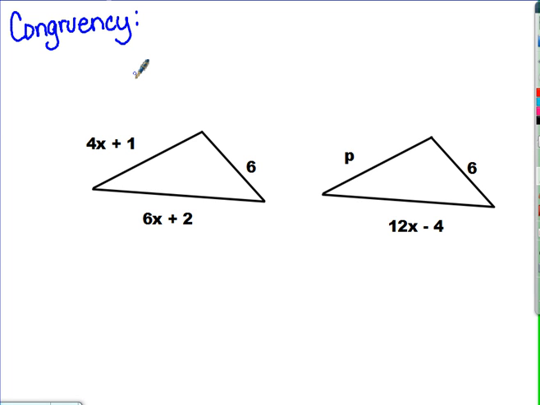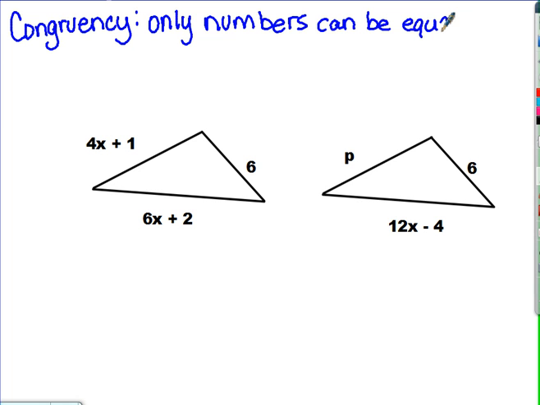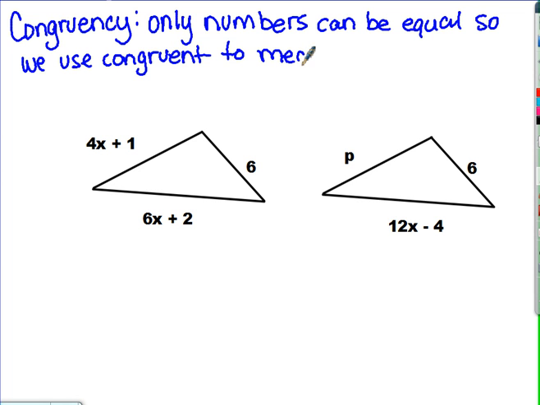Only numbers can be equal, so we use congruent to mean geometrically equal.